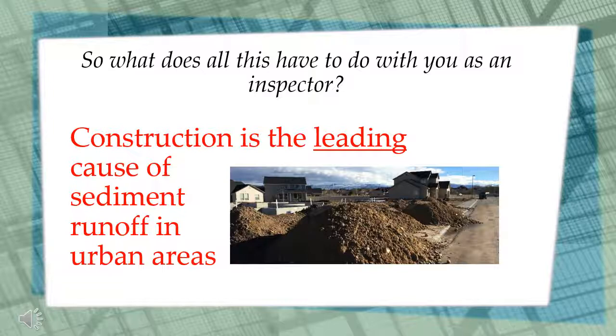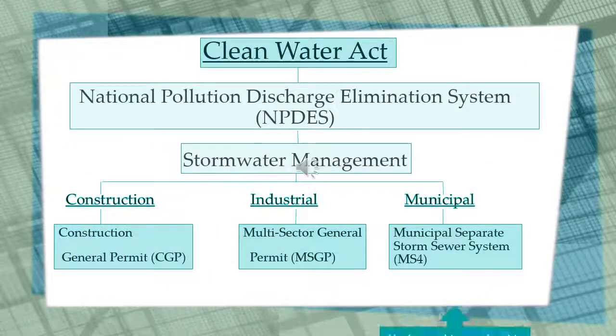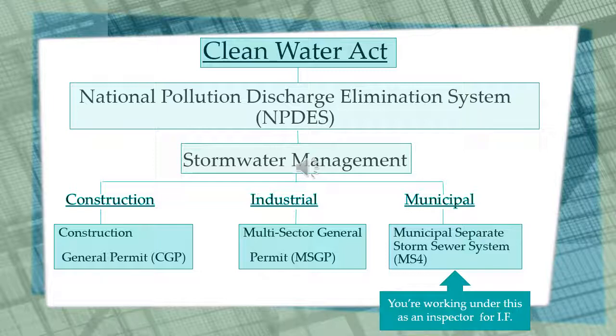So what does this have to do with you? Well, construction is the leading cause of sediment runoff in urban areas. Under the EPA's Clean Water Act is the National Pollution Discharge Elimination System. The NPDES is over stormwater management for 3 different sectors: construction, industrial, and municipal.